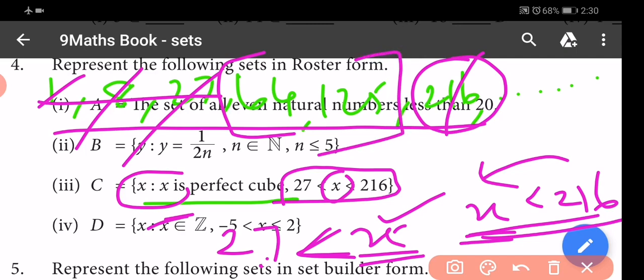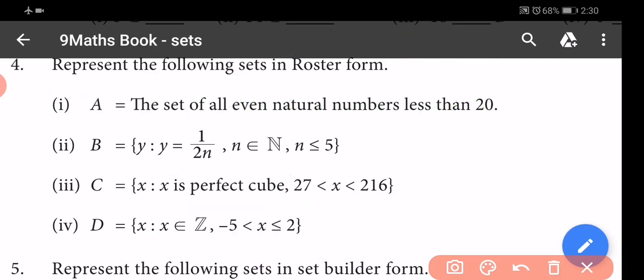So the remaining numbers are only two numbers, 64 comma 125. This is the answer, 64, 125.